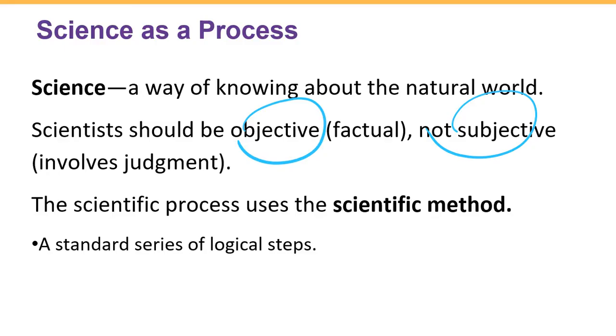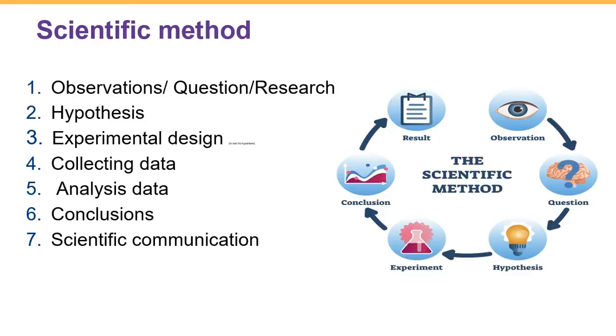So the scientific method is the step-by-step process scientists use to study and understand the world, including the human body. In this short video, we are going through these steps together. What are the scientific method steps? First, observation, question, and doing some research.